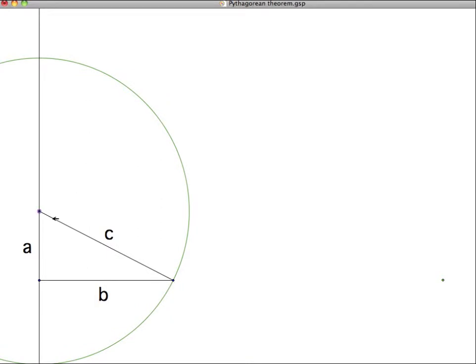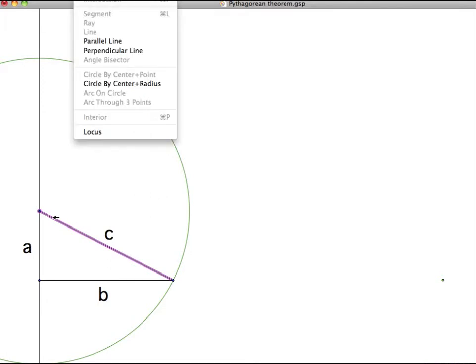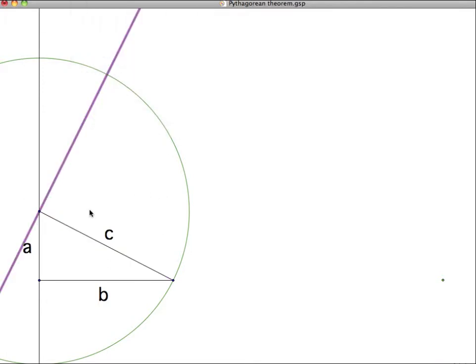So this point with this line, and you'll notice what we get is a second radius. This segment right here from the circle to the center point is also equal to length C. So copy that and label this length C.